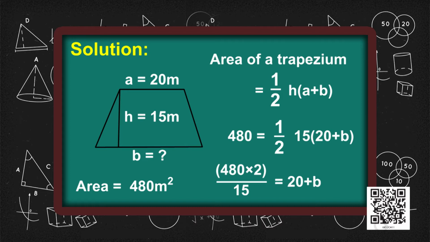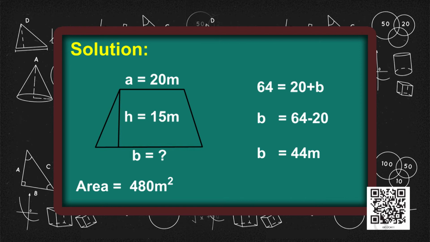Substituting the given values, we get 480 is equal to half into 15 into (20 plus b), which gives 480 into 2 divided by 15 equal to 20 plus b, or 64 is equal to 20 plus b.